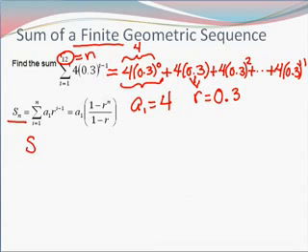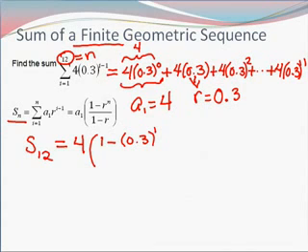So S sub 12, that's telling us we're looking at a 12-term sum, is equal to 4 times 1 minus 0.3 to the 12th power divided by 1 minus 0.3.